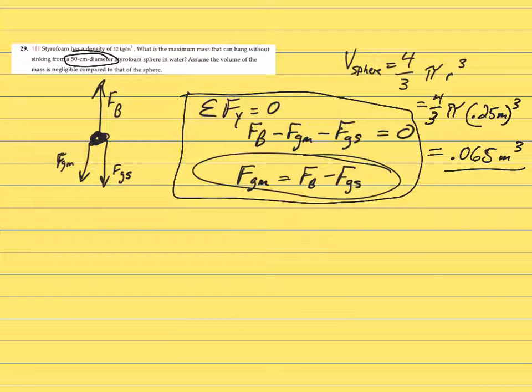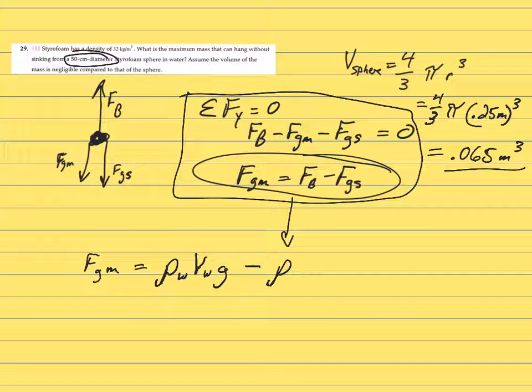If I take this equation that I circled and come down here, I'm after the force of gravity of the mass. Force of buoyancy I can replace with the density of water times the volume of the water times gravity, and then I'm going to subtract off the force of gravity of the sphere.